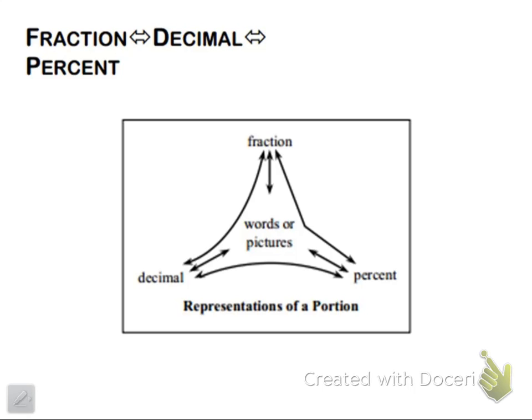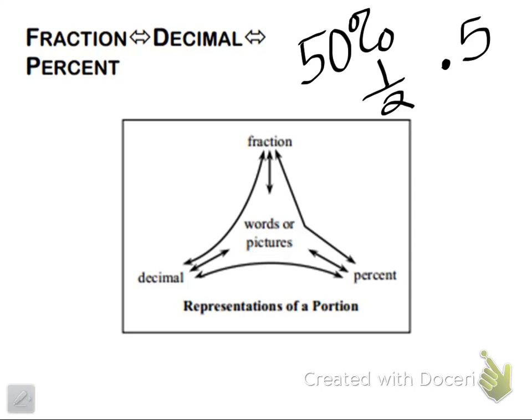So what we're going to do today is try to demystify this decimal, fraction, percent business by showing you exactly how they all are the exact same thing. For example, did you know that 50% is the same as 1/2, which is the same as 0.5?